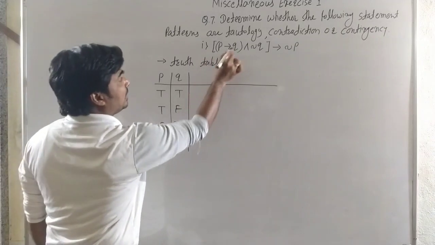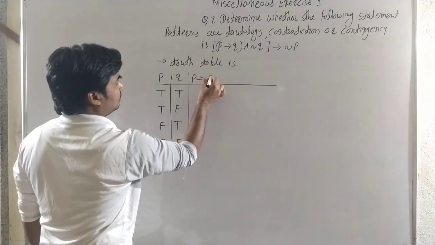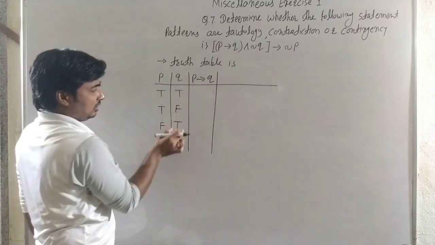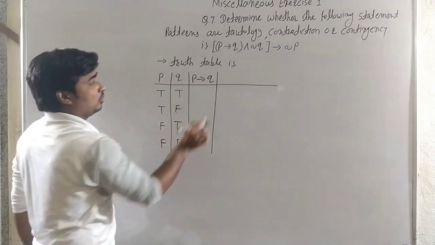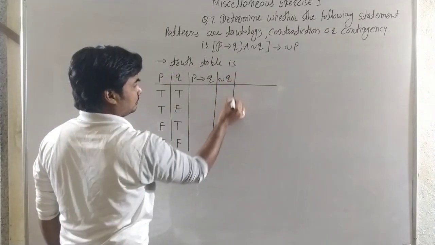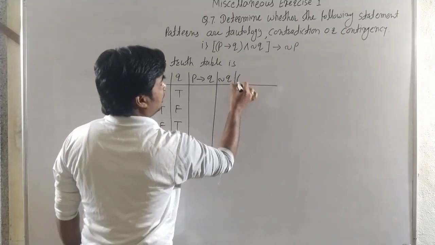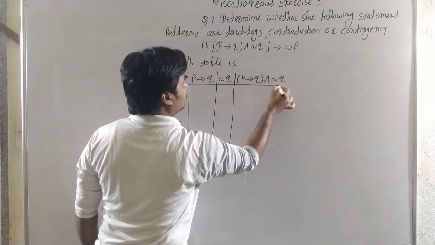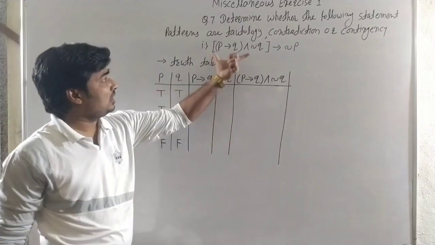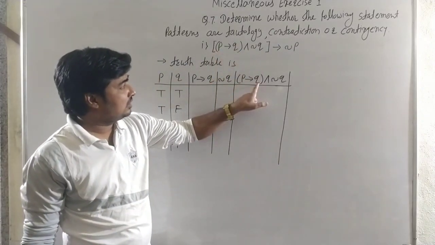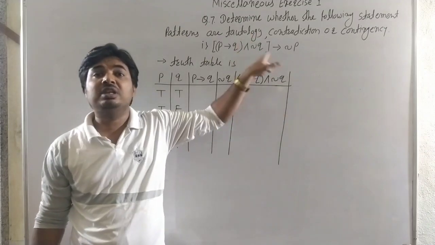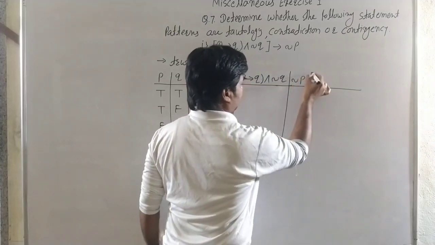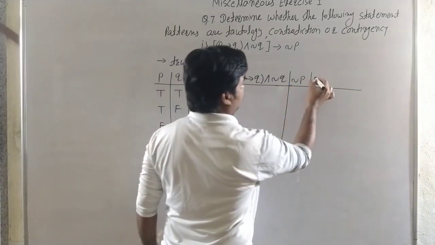Now we want to find P implies Q. First find P implies Q. Then we want to find P implies Q and negation Q. It is P implies Q, but here it is the negation of Q. So first find the negation Q. Then find P implies Q and negation Q. Okay, here this square bracket, and lastly this statement implies negation P. So first find the negation P, and then the implication of these two statements.